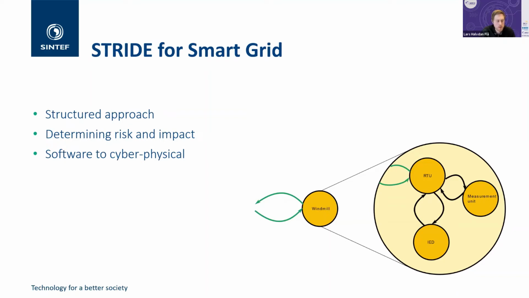Furthermore, STRIDE is traditionally a software method which we now apply to the cyber physical system. And this has some challenges. So as already mentioned, our elements have a higher abstraction level than normally. And this can be illustrated by this figure, where a windmill can be expected to contain several other components, for instance, an RTU or measurement unit.